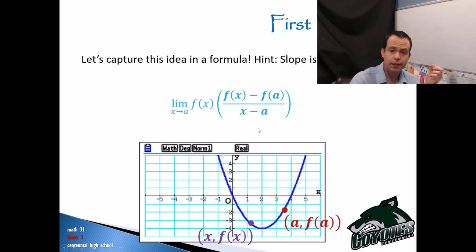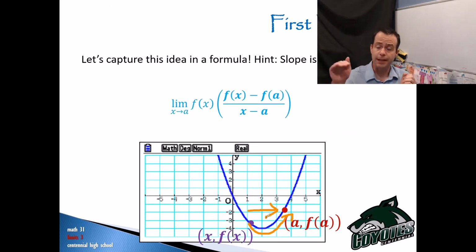So what we end up doing is we take y2 minus y1, so f of x minus f of A, over x2 minus x1, x minus A. And what we do is we find the limit of that function as x approaches A. So again, we want that x value to start approaching A. Actually, this would be a better depiction of that, right? But if the x value approaches the A value, the slope of the secant line is going to approach the slope of the tangent line.